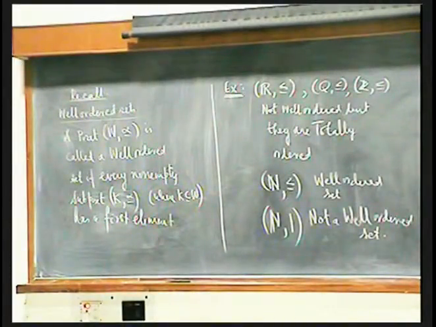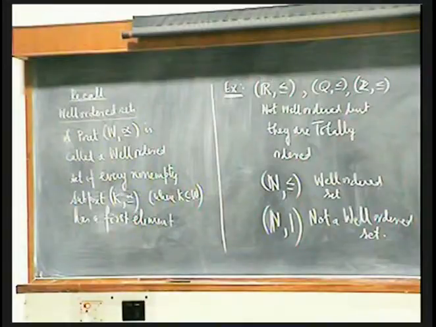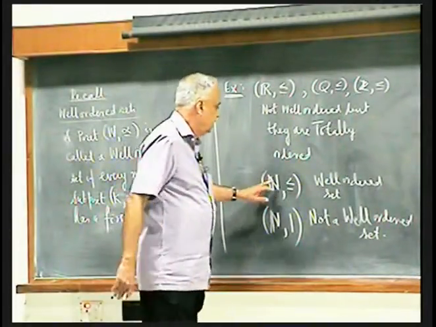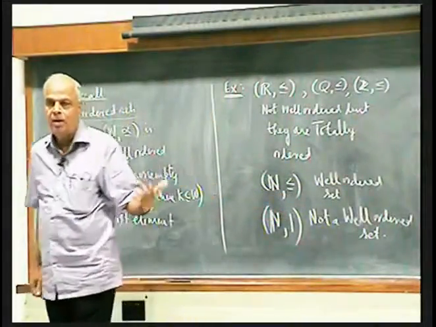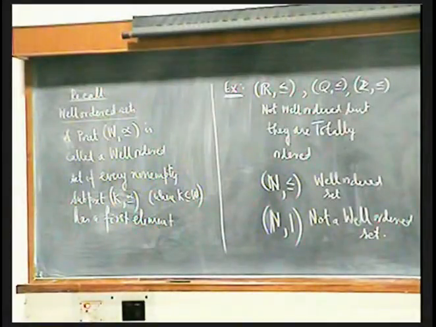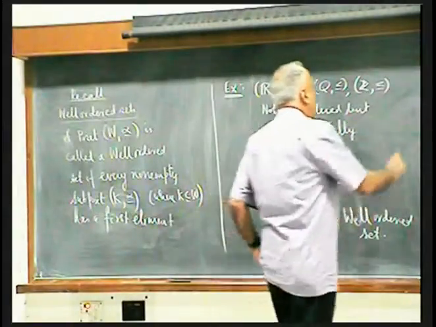I'll look at some more examples, but what this says is that on the same set, some partial order may be a well ordering, some other partial order may not be a well ordering. Given a set, we don't even know whether there is at least one partial order which will be a well ordering.